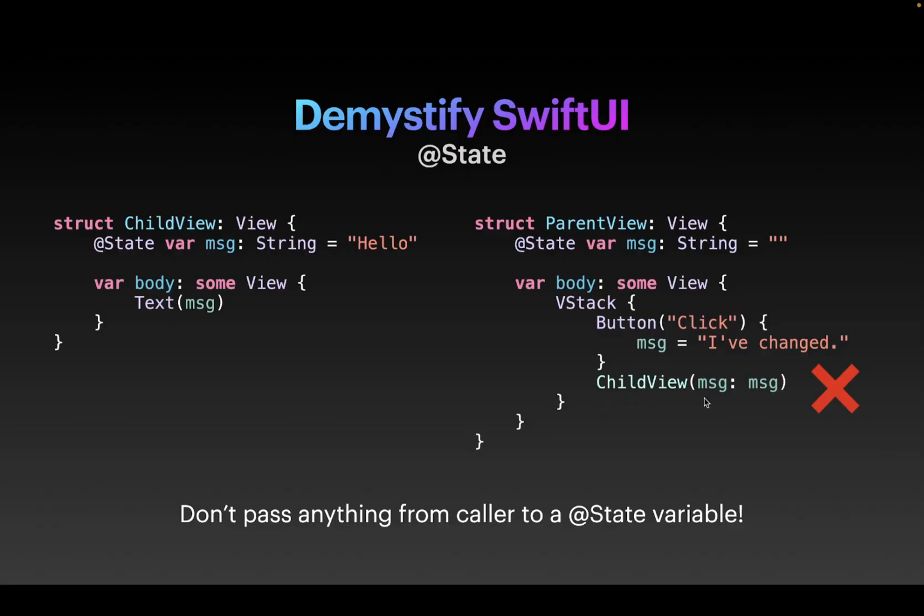Take a look at this one: the message in this child view is an @State variable, right? You shouldn't do that. It's actually undefined behavior, because @State should be managed and owned by the child view. You should never do that.